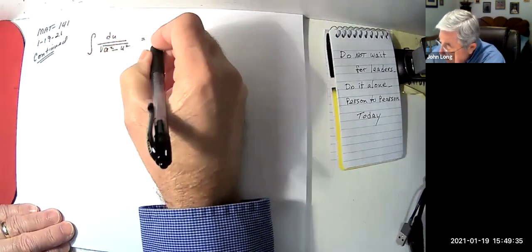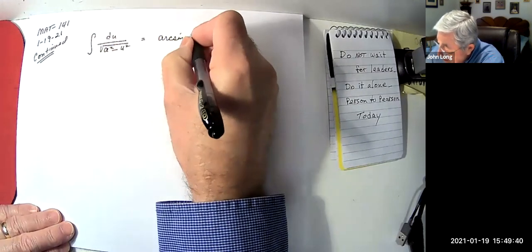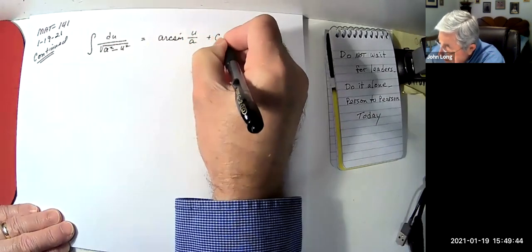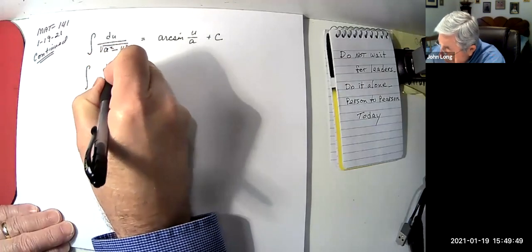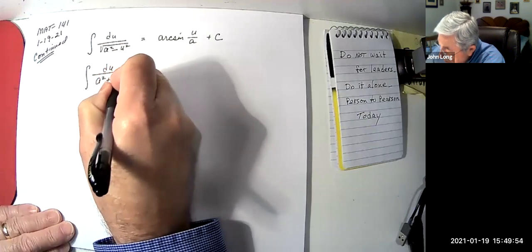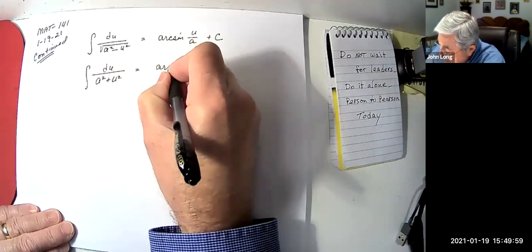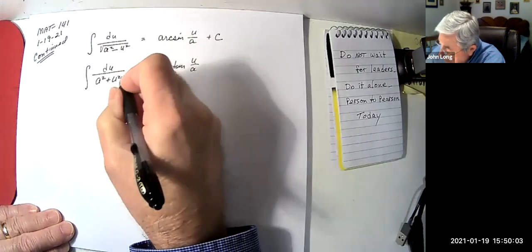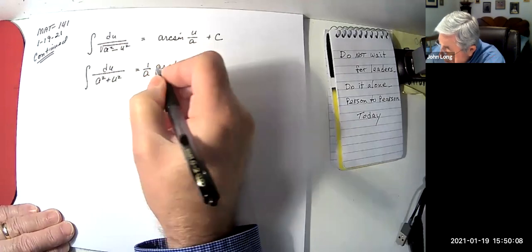That's the format, and this gives us arc sine of u divided by a plus c. We want to use the formula, the integral of du over a square plus u square, and this gives us an arctangent of u over a. With this formula, the derivation, we see that we also need a 1 over a out in front.